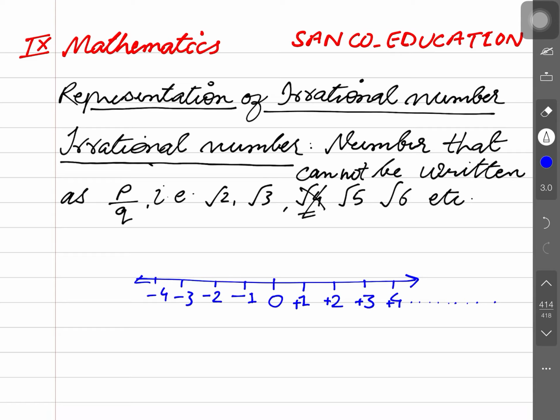Don't think that only -4 to +4 is there on the number line. A number line can have an infinite number of numbers, just as I have written here to the left and right. This is known as a number line.